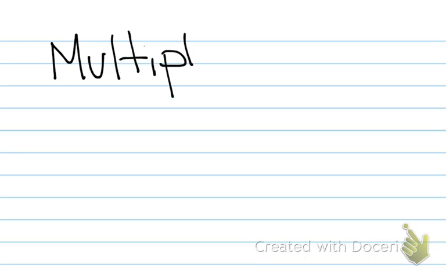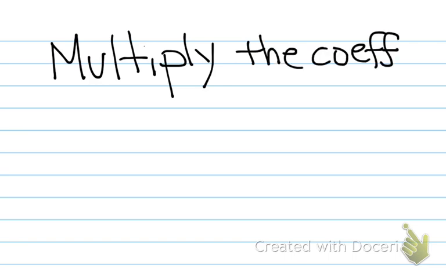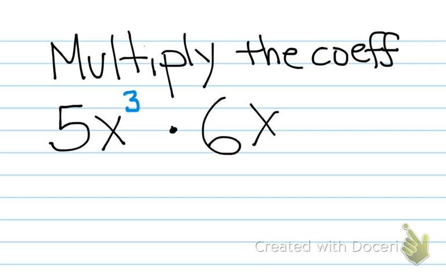In order to multiply polynomials, multiply the coefficients. Example, 5x to the third times 6x to the fourth.